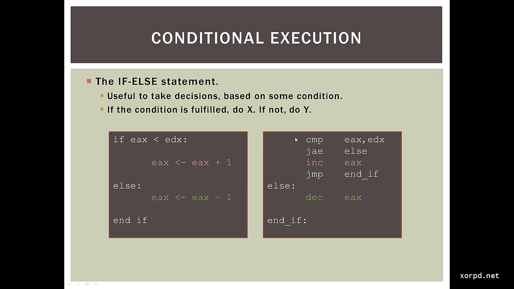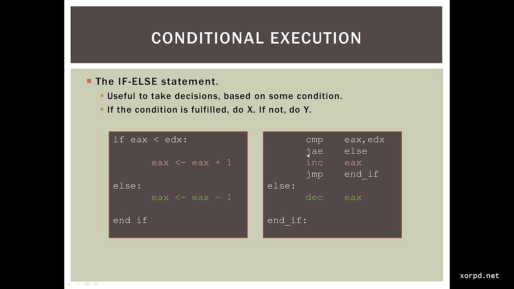In the assembly language part, we can see that the condition of EAX smaller than EDX is checked using those two instructions. Compare EAX, EDX, and then we jump. We use the jump above equal instruction, which is going to jump only if EAX is greater or equal than EDX. This is actually the opposite of the condition here.